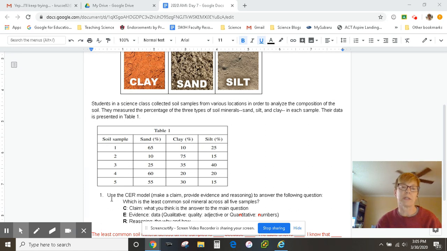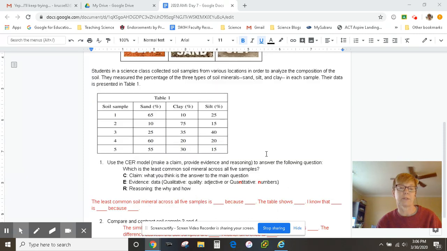We've got the percentage of the sand, and remember the percentage means you're looking at a part over the whole thing. So 65% sand means out of the whole entire amount of material that's in that sample, 65 parts of that 100% is sand, 10% is clay, and 25% is silt.